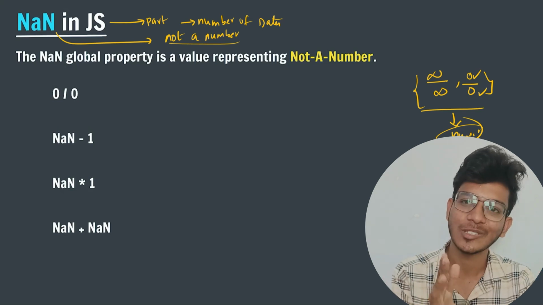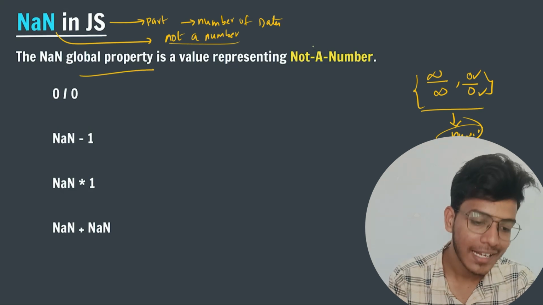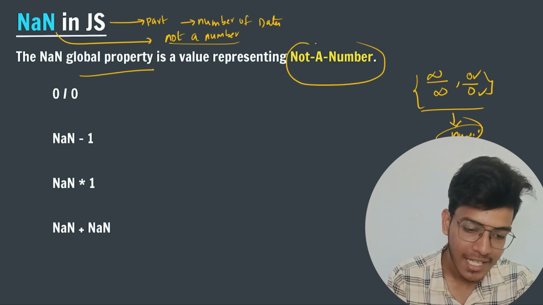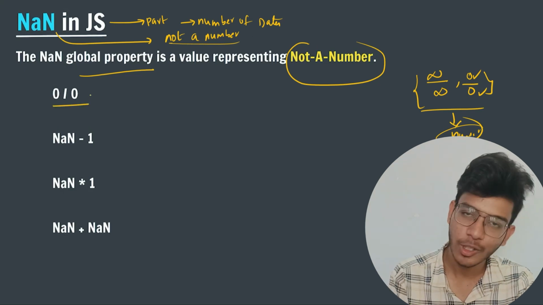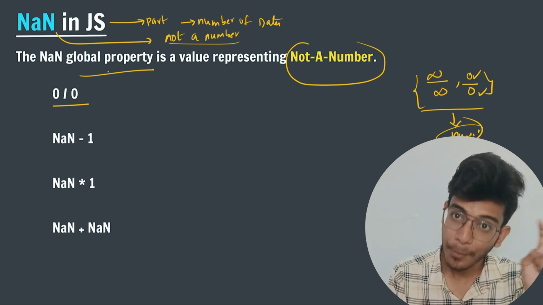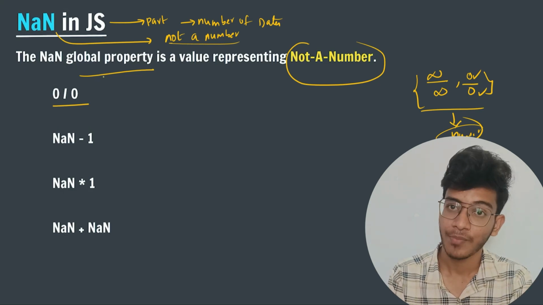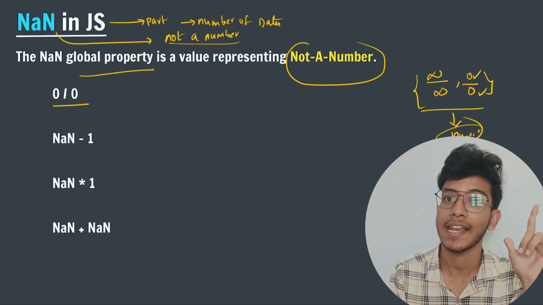And there are some rules. For example, NaN is a global property value used for representing not a number. If we divide 0 by 0, we don't know what the output is, but it is a part of the number system, we just don't know what the number is. That thing is known as NaN.